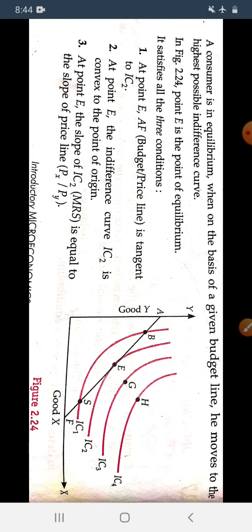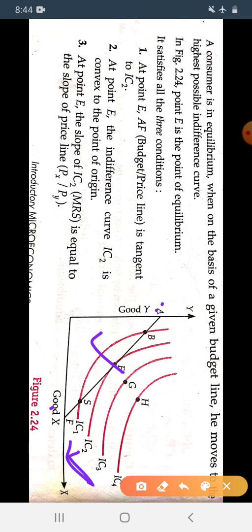So when we see the diagram, figure 2.24, all three conditions are satisfied at point E. AF is the budget line, and it is tangent to IC2. So the first condition is satisfied.